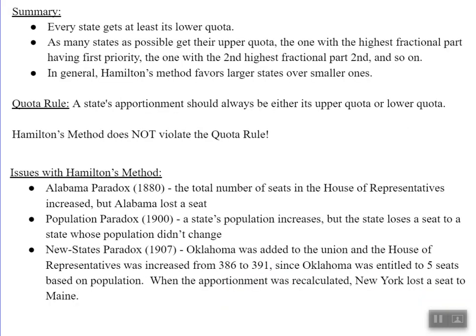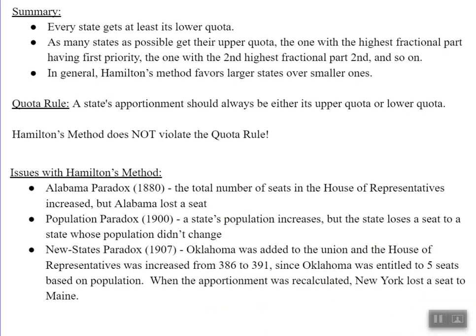So, in summary, every state gets at least their lower quota. As many states as possible get the upper quota, with the state with the highest fractional or decimal part having first priority, then the state with the second highest fractional part, and so on.